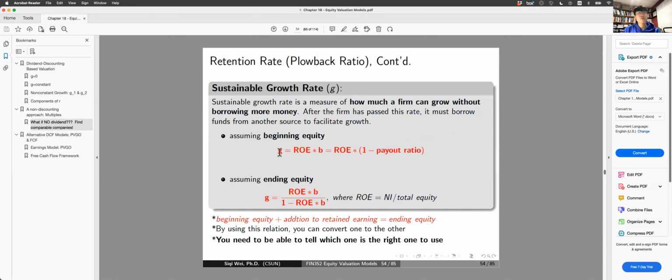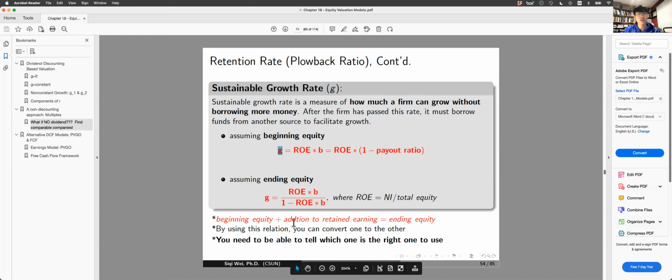Well, the sustainable growth rate is determined by the product of return on equity and the plowback ratio. So essentially, ROE times 1 minus the payout ratio. In this course, you are not responsible for the second type of the growth rate, but it's good to know there are 2 different types of the calculation depending upon the equity form, whether it's the beginning equity or the ending equity.